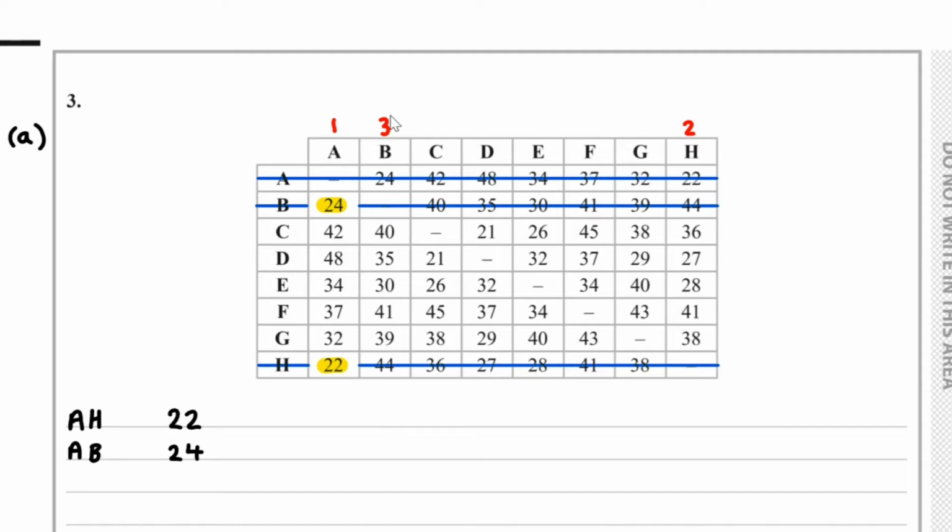Looking down A, B and H, the smallest entry is the 27. So DH has a weight of 27.